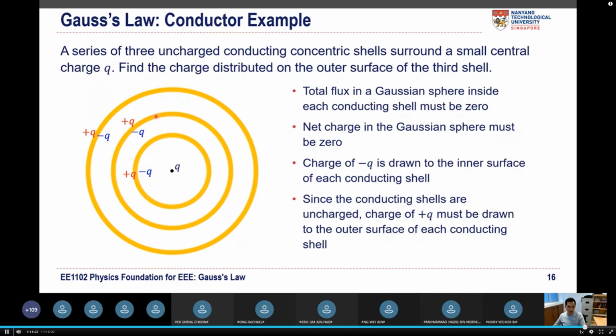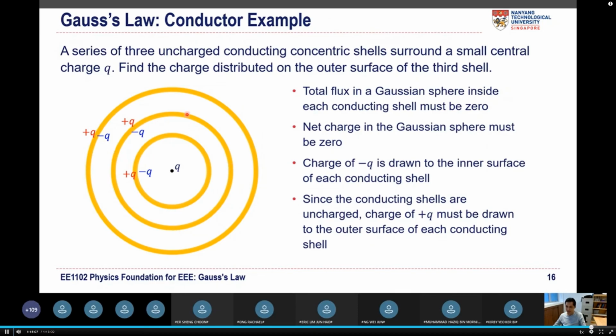Then we can apply the same logic. I draw another Gaussian sphere just inside the second conductor, and that flux has to be 0, so the total charge enclosed must also be 0. The central Q and the first shell's charges add up to 0, so the inner surface of the second conducting shell has to draw minus Q. Because it is uncharged, I have plus Q on its outer surface.